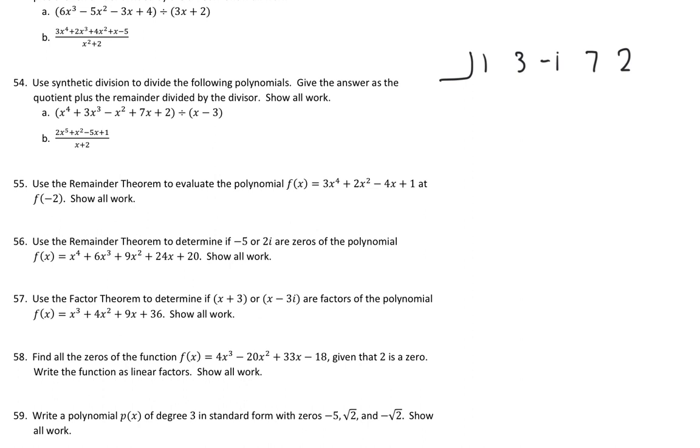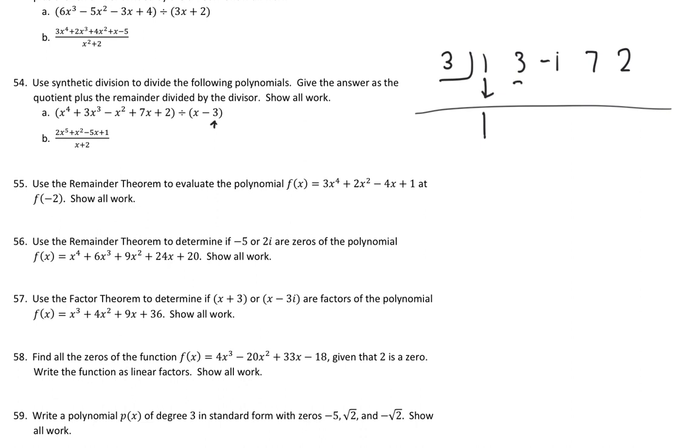And then what are we going to be dividing it by, synthetically? We're going to do 3. We get the 3 from right here. 3 minus 3 would make that 0, so we're going to divide it by that. Okay, so when we do it, we always bring down this first one. So the 1 always gets brought down. Then what goes right here is that 1 times 3.